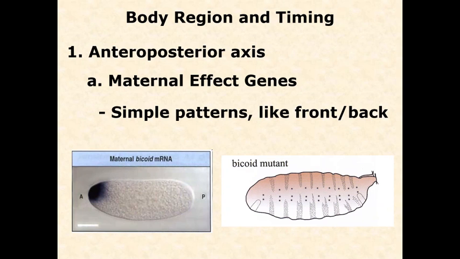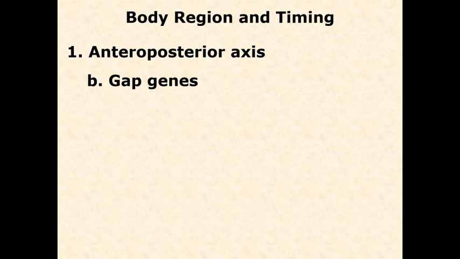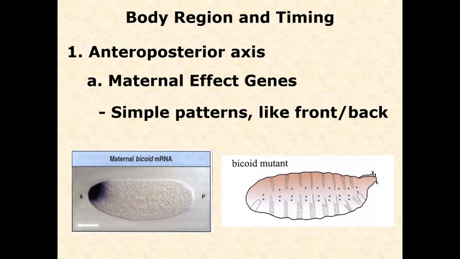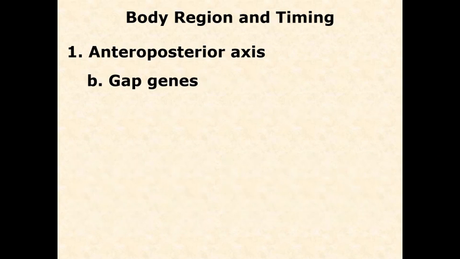Okay, so the very earliest genes after this anterior to posterior axis. So first step A, we're going to call it, are these maternal effect genes like bicoid that do front to back. The next step are something called gap genes. And gap genes begin to outline the basic idea that this organism is going to be segmented.